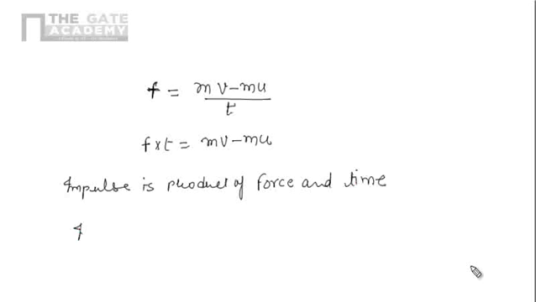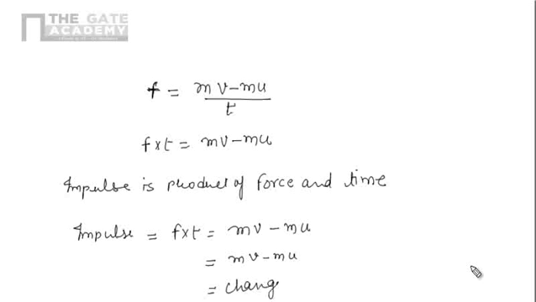So I can write impulse equals force into time, and it is nothing but mv minus mu, which is the change in momentum. In this way we define impulse: the product of force and time, that is force into time, and it is nothing but the change in momentum.